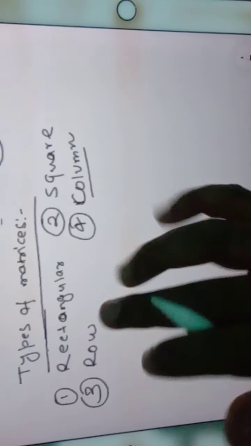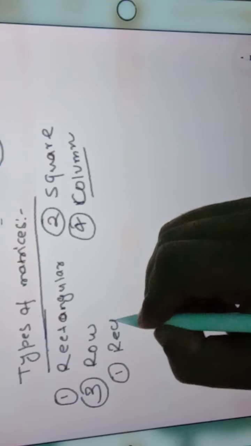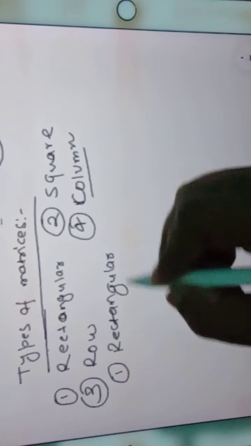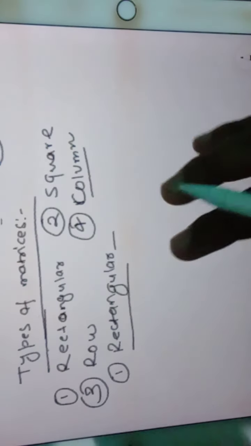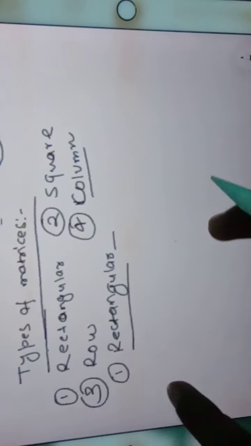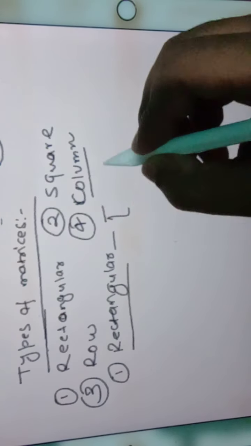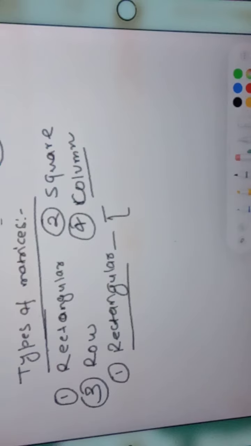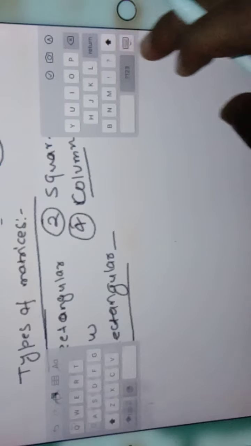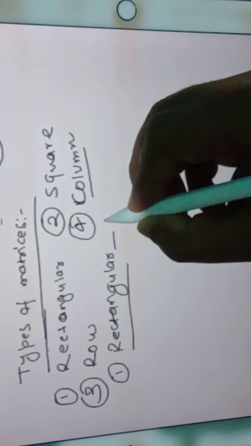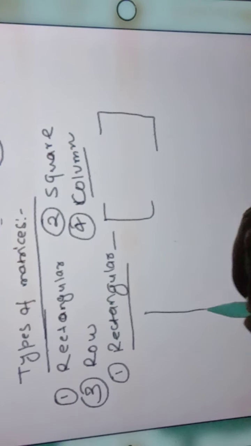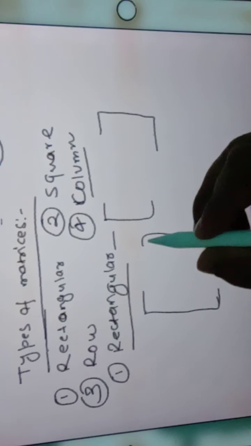Let's explain the first one, rectangular. As the name suggests, rectangular denotes that if we write the numbers in a bracket, then the bracket shape looks like a rectangle, similar for square, row and column. Rectangular will be like this one, or like this one, both of them are rectangular.